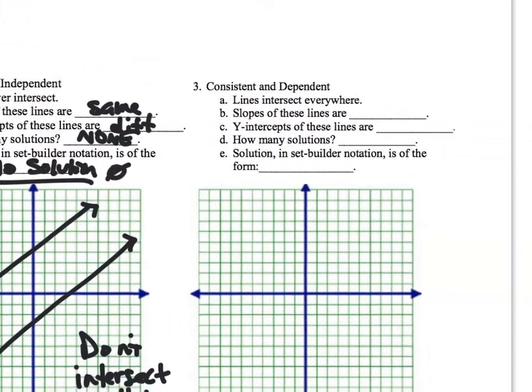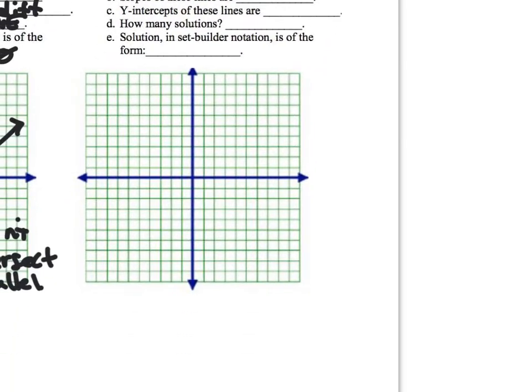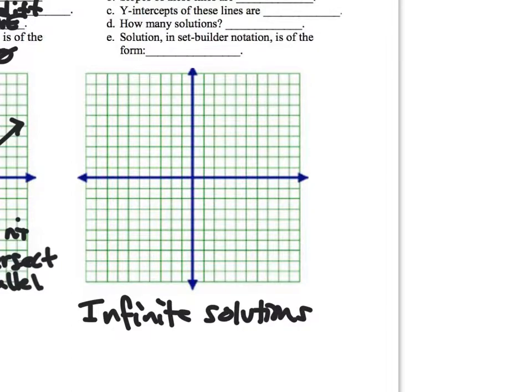The last type of system we have is what we call consistent and dependent. What that means is that we have an infinite number of solutions, and that means we have the same line.